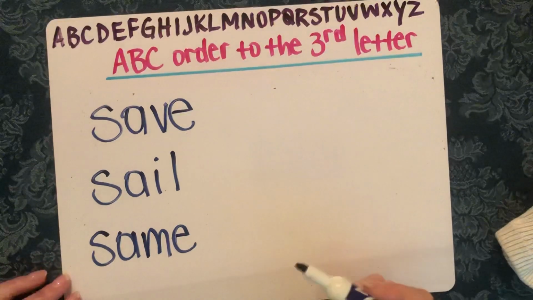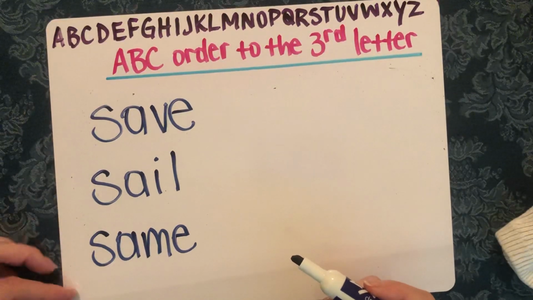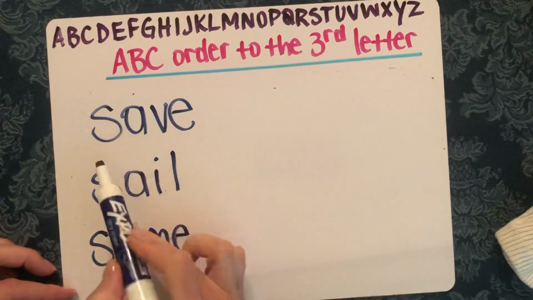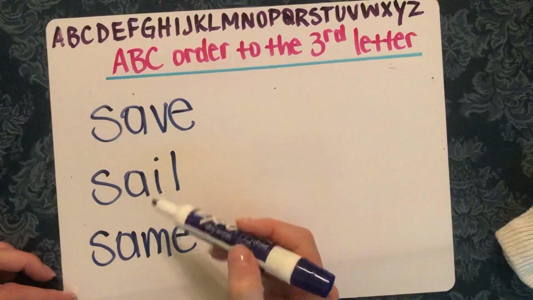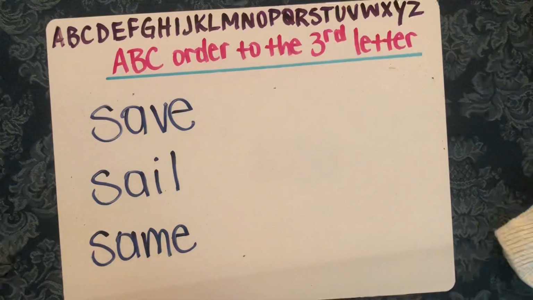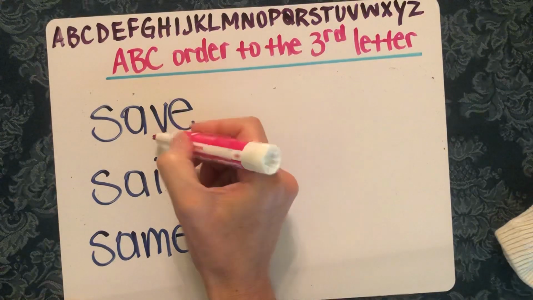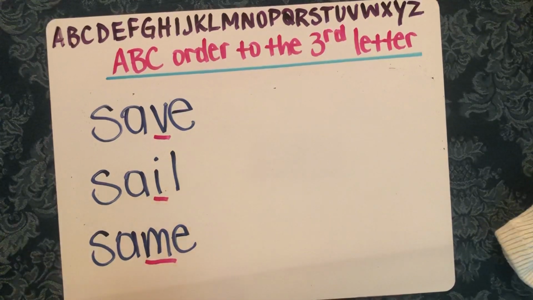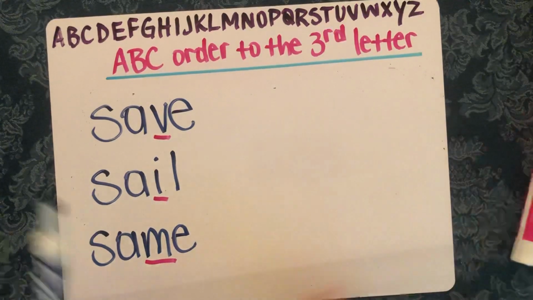Again, all 3 of these words start with the same first 2 letters. They all start with S-A. So now we have to look to the third letter. I'm going to underline the third letter just as a visual reminder for myself, and I would encourage you to do that as well.